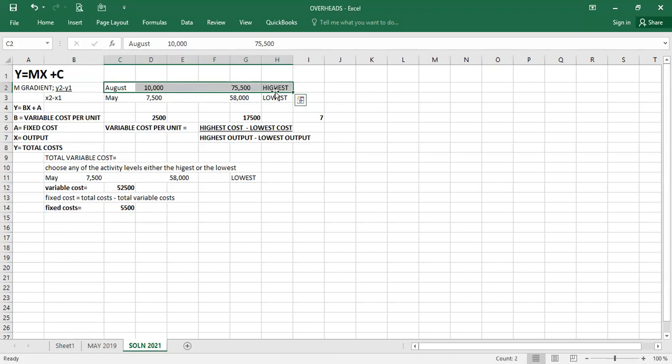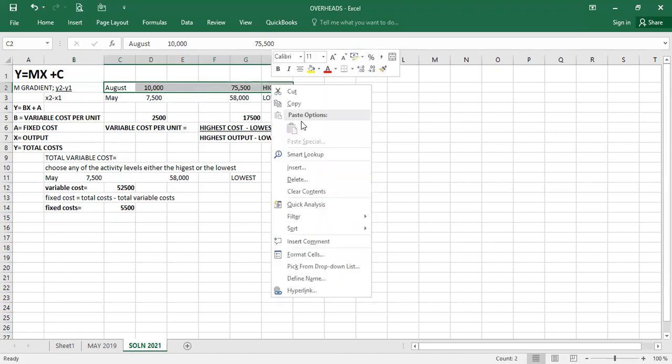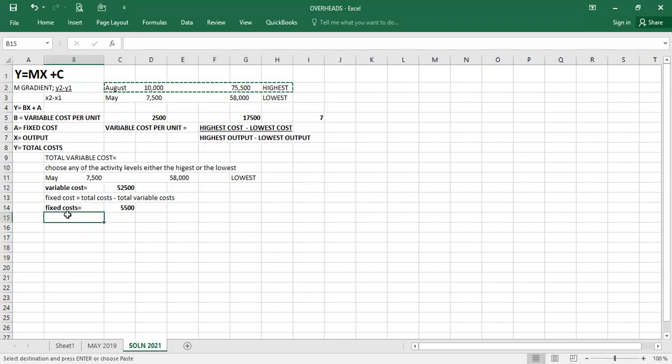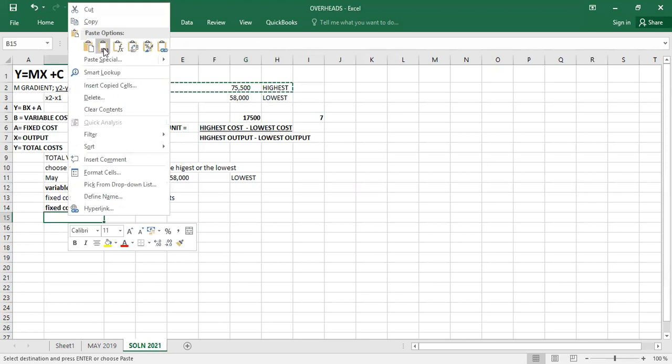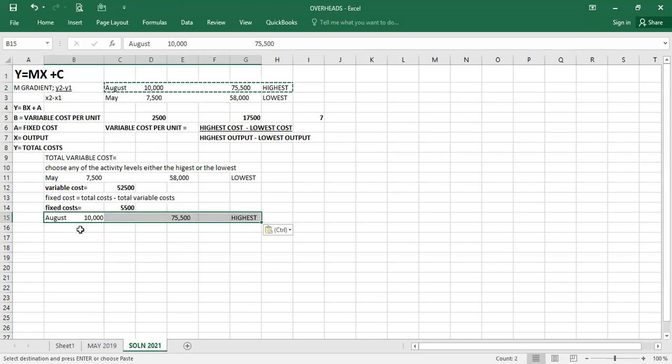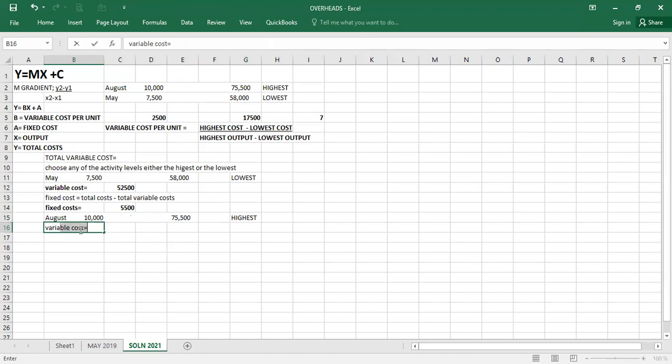activity, it should also give us the same information. If we take the highest, then the variable cost will be equal to this variable cost per unit, which is 7, multiplied by the level of activity, which is 10,000 units.